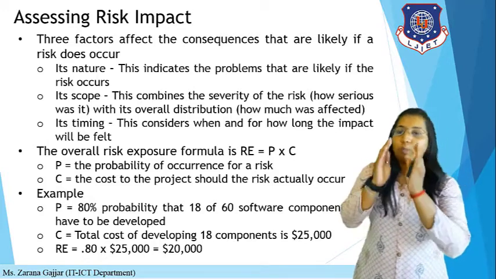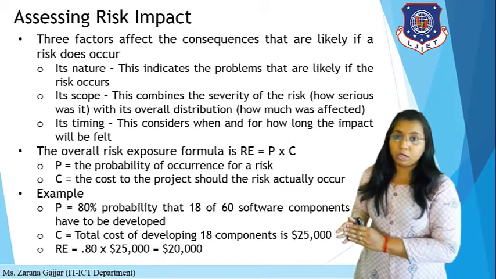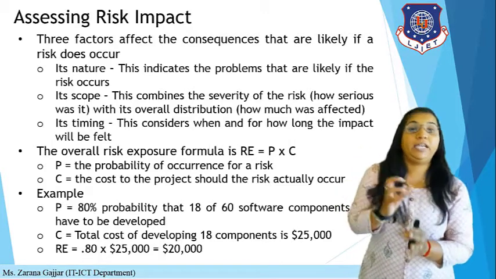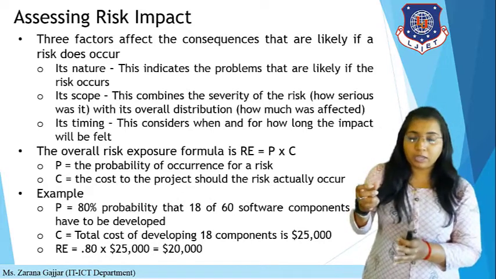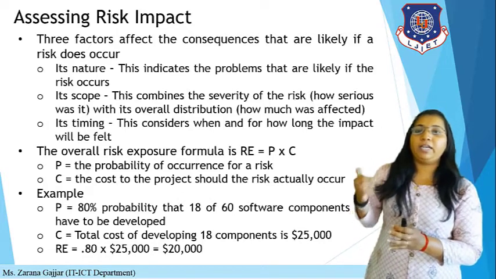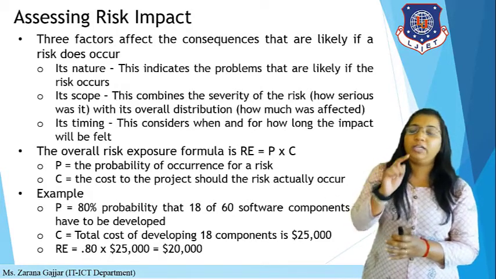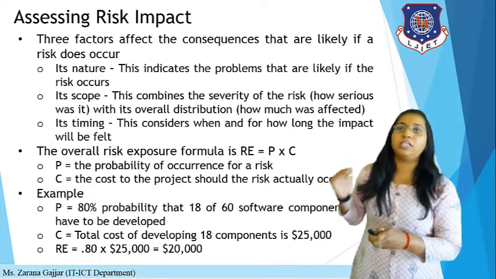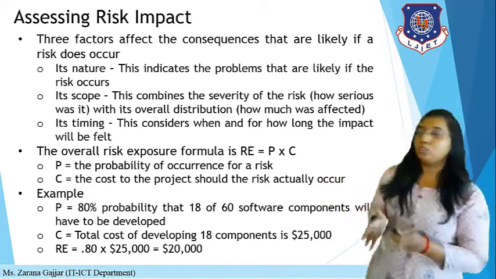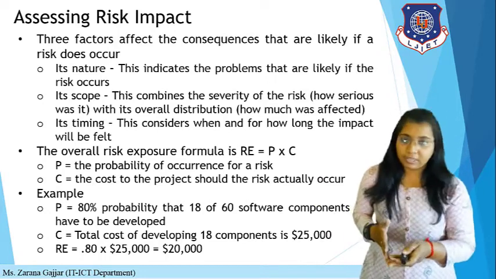So if you have to develop 18 components at a cost of $25,000, and the probability is 80%, you calculate the risk exposure by probability, that is 80% means 0.80, multiplied by the cost, 25,000. So $20,000 is your risk exposure. This is for risk projection, meaning risk estimation.